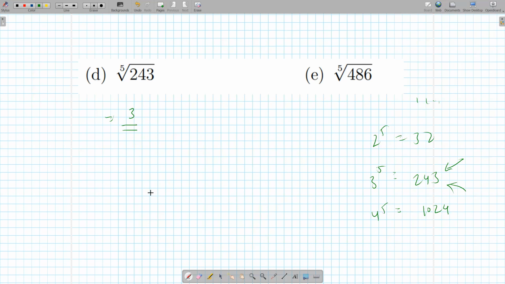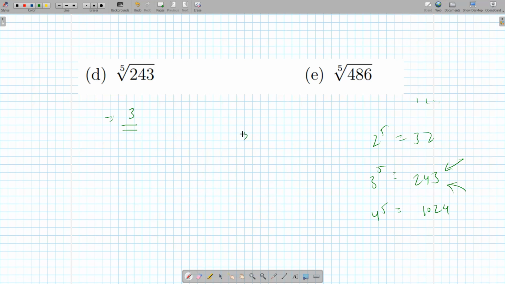Like how 3 cubed is 27, right? What's the cube root of 27? 3. Yeah, exactly. Same idea here. 2 power 5 is 32. What's the fifth root of 32? 2. Well, what if I spice it up?